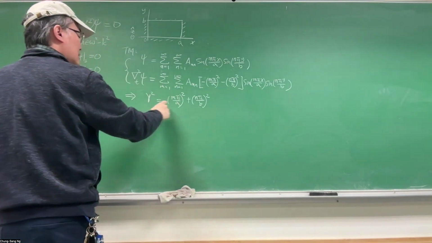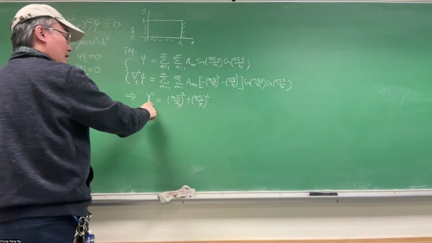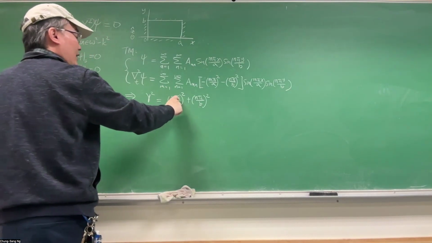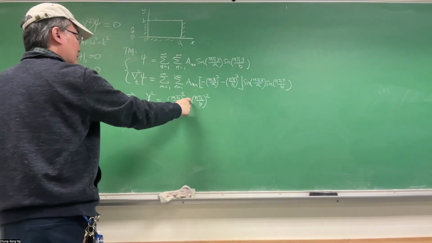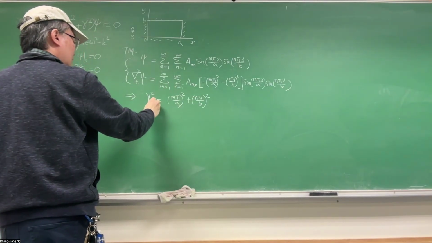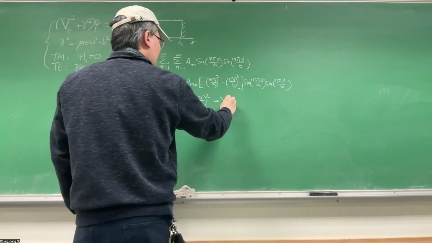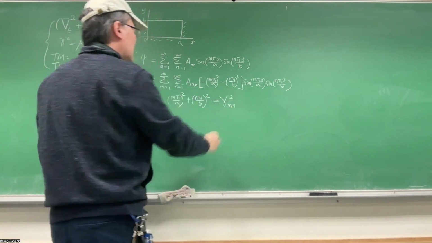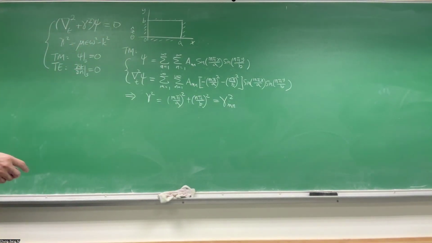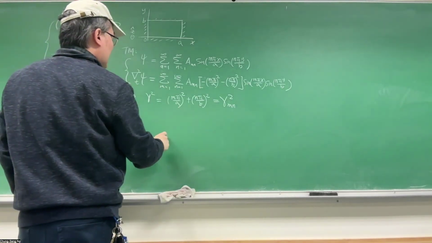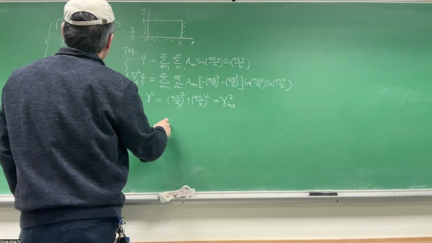So once you know that gamma only takes a discrete value when m and n are from 1 to infinity, you can give it a label, or you can say this is equal to gamma. Define that as gamma mn squared. Okay, that's straightforward, right?